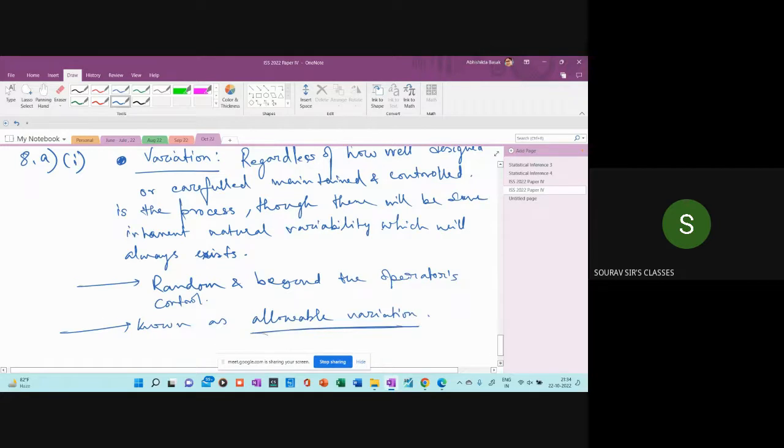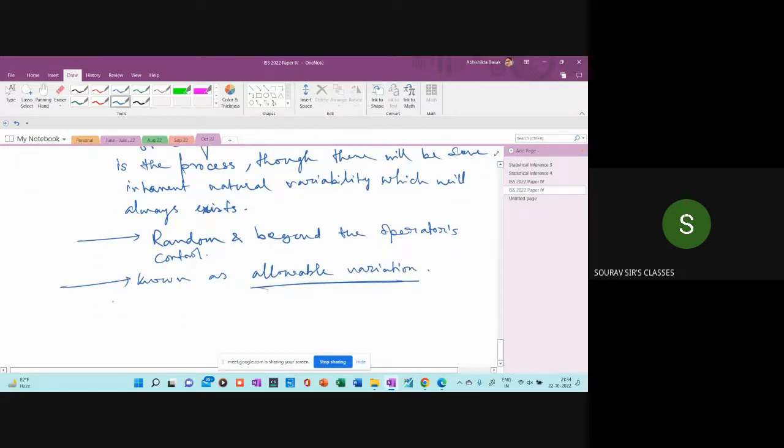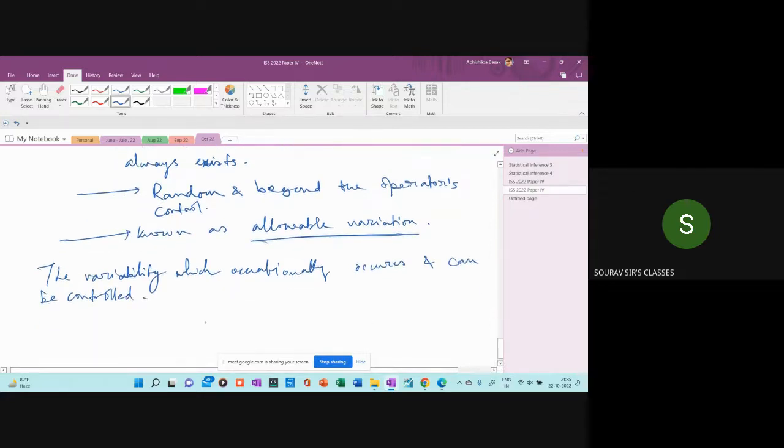What is non-allowable variation? The variability which occasionally occurs and can be controlled, which is not beyond my control and is non-random.